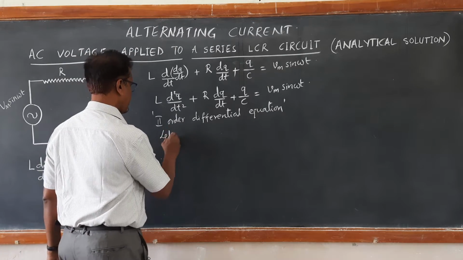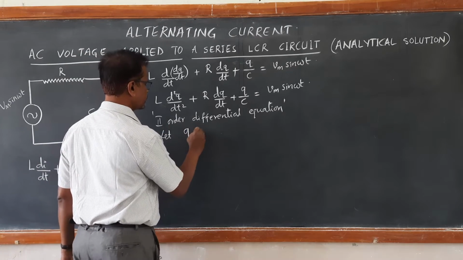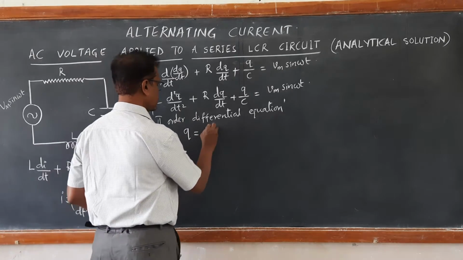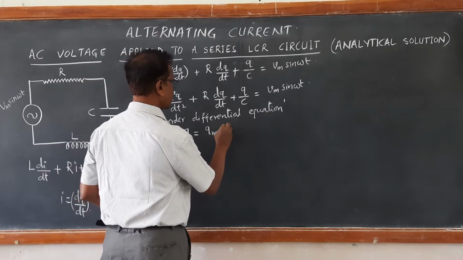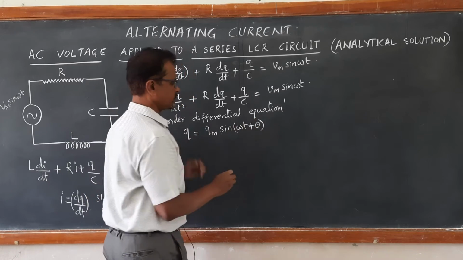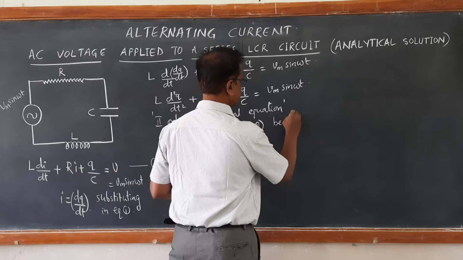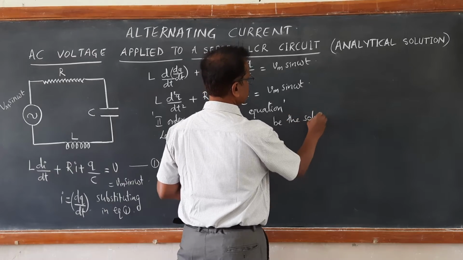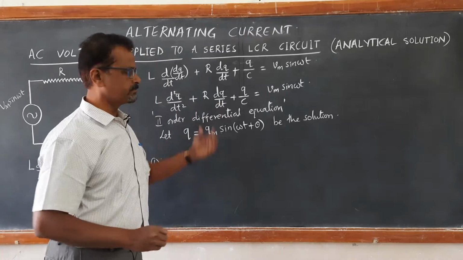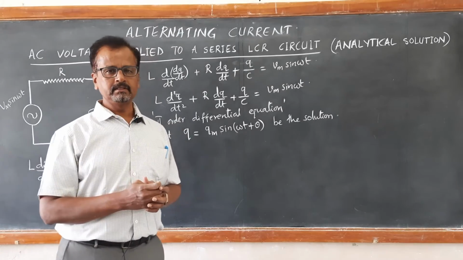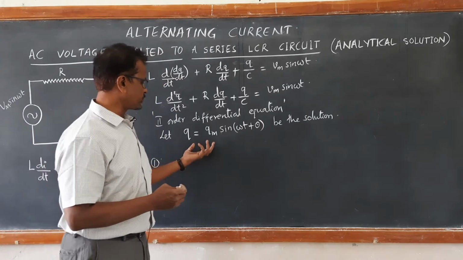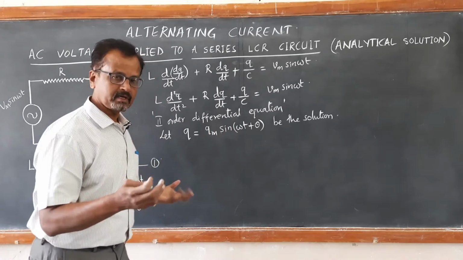Let the charge Q, the unknown quantity, be equal to Qm sin omega t plus theta as the solution. How the solution is obtained you will learn in detail in mathematics. So directly let us take the solution. From this solution we can find the equation for current.